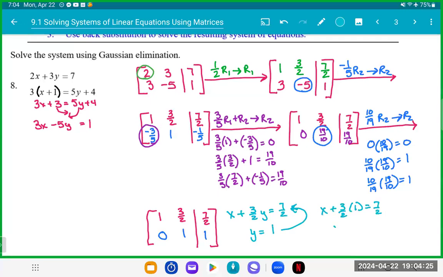So that would be x equals 3/2, let's move it to the other side. So 7/2 minus 3/2 equals 4/2. So x is equal to 2. So our solution here would be 2, 1. Okay? Question.